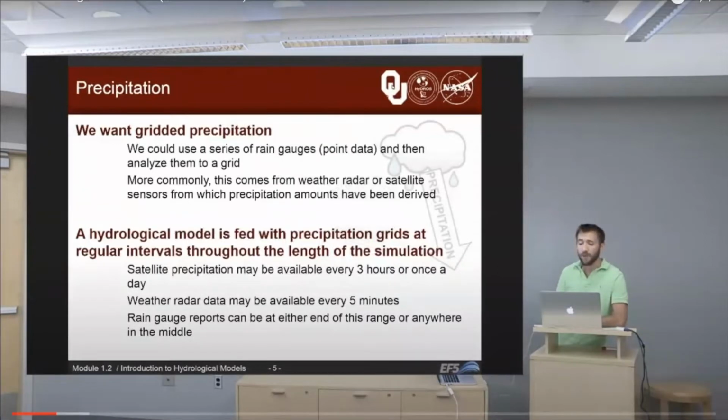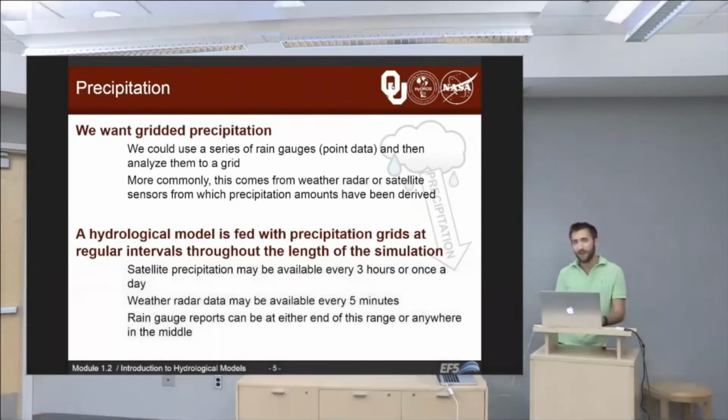We could also actually use weather radar or satellite estimates directly and derive precipitation estimates from those, and then they're already in a grid ready to go.